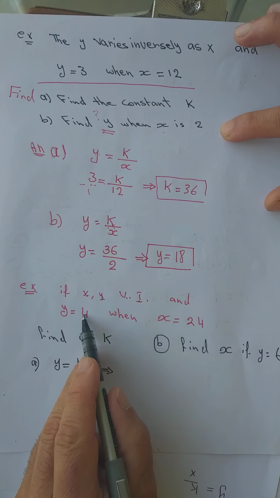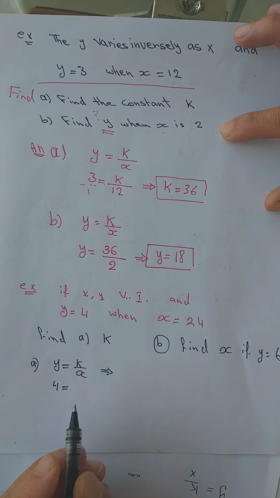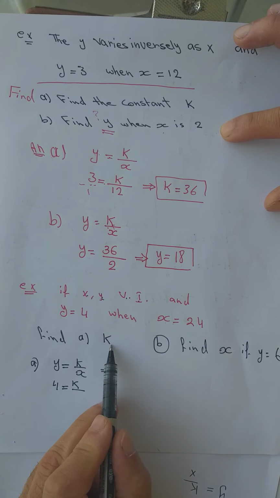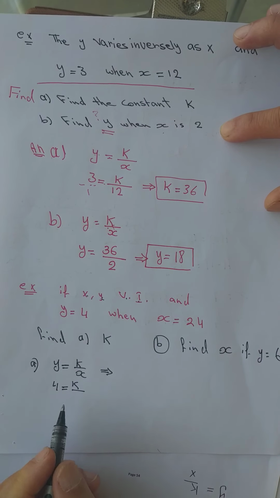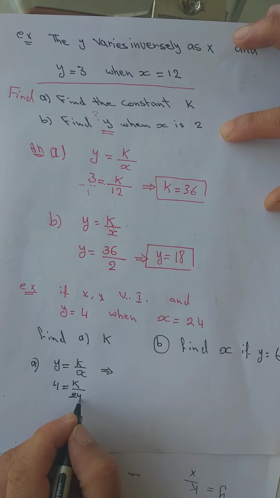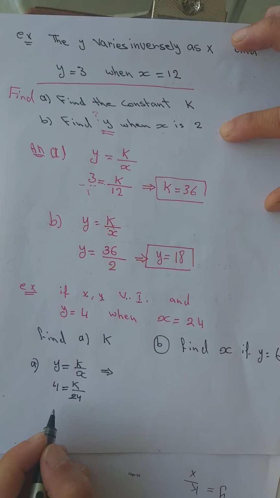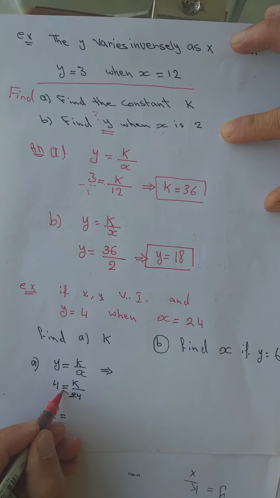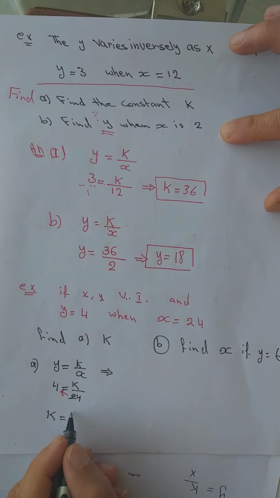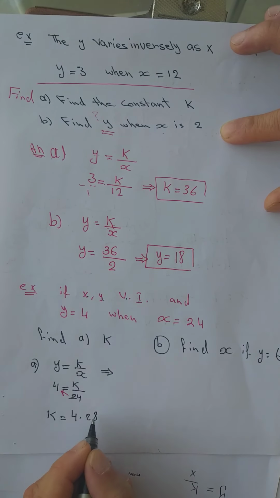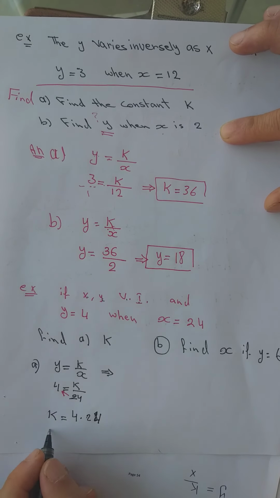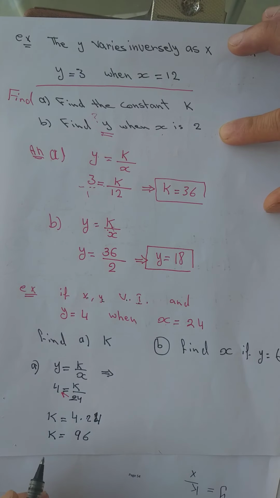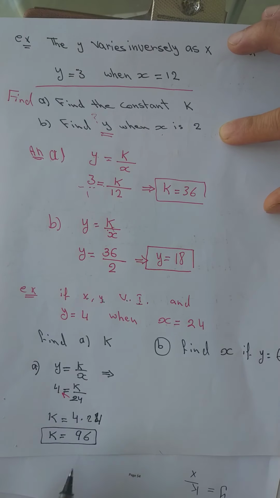Yes, y is equal to 4. x equals 24. Now find k. k is equal to, by cross multiplication, 4 multiplied by 24. k is equal to 4 times 24, 96. Okay.